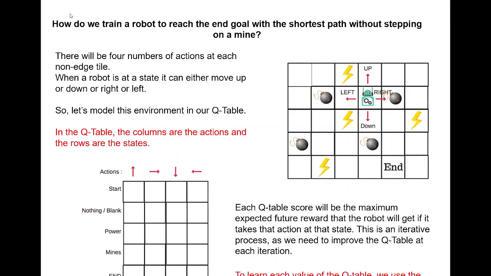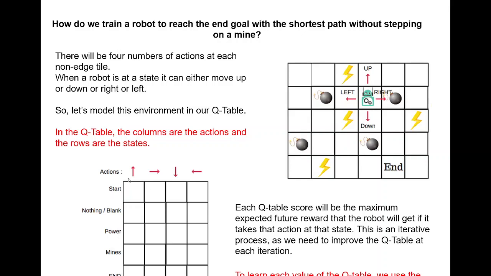So this is an example where we can see how the Q table is being used. The idea is how do we train a robot to reach the end goal with the shortest path without stepping on a mine. There will be four actions at each non-edge tile. When a robot is at a state, it can either move up, down, right, or left. So let's model this environment in our Q table. In the Q table, the columns are actions and the rows are states. So these are the states, for example, start state, blank state, power state, mine state, and end state.